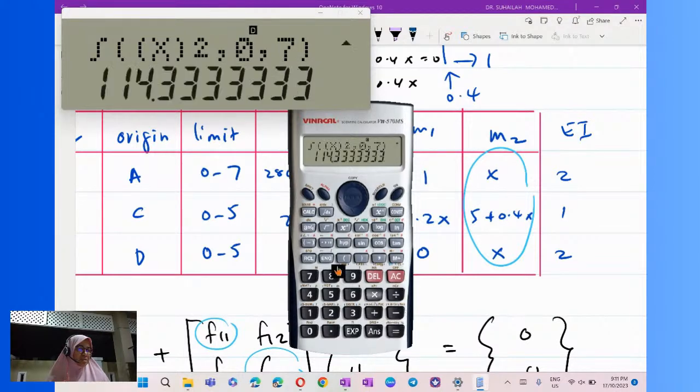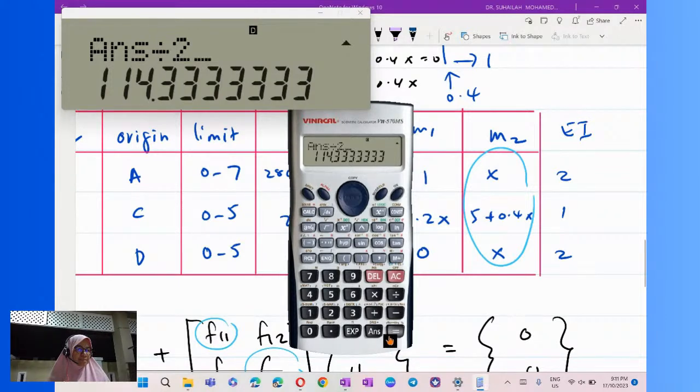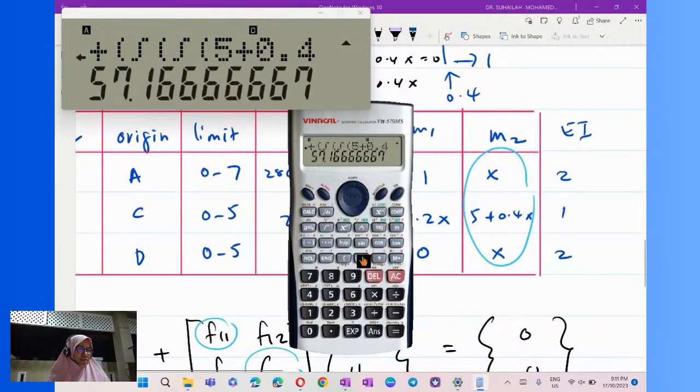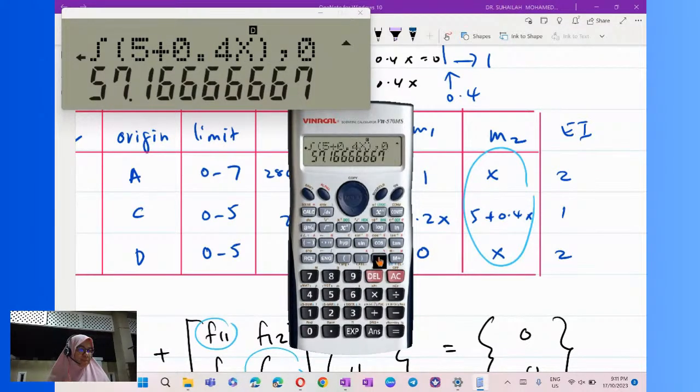We have to divide by 2 EI. And then we plus 5 plus 0.4x, 5 plus 0.4x. Put the limit from 0 to 5. Okay, close.